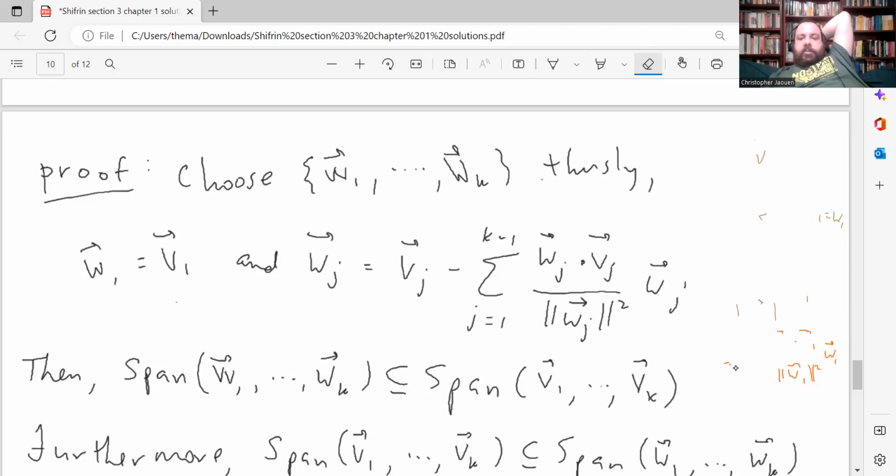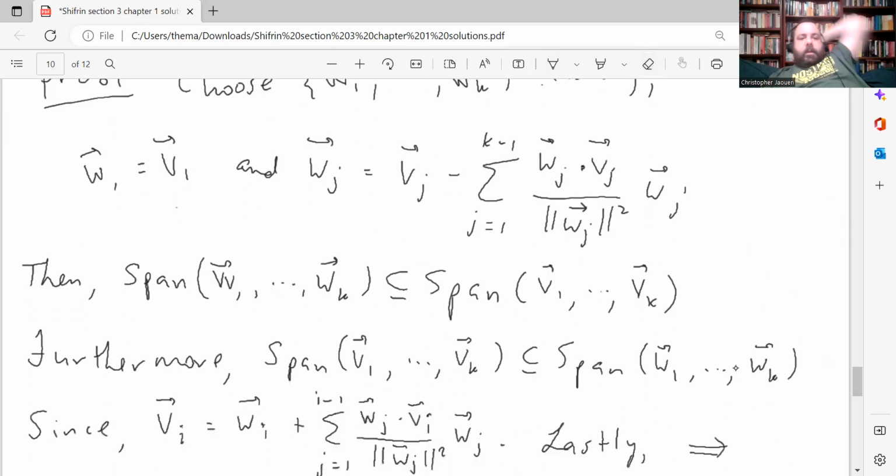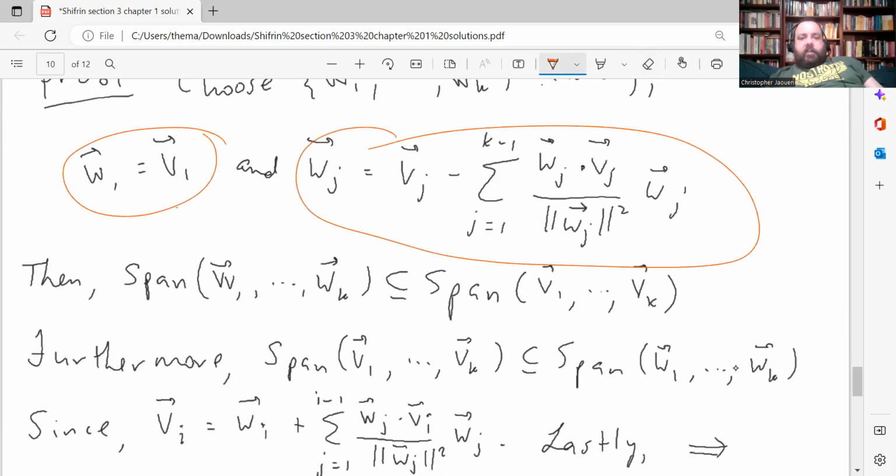Let me just show that the properties they ask us to have work. Span w1 through wk is obviously a subset of span v1 through vk because they're written in terms of v1 through vk. w1 is v1, and wj is some linear combination of the vj's.